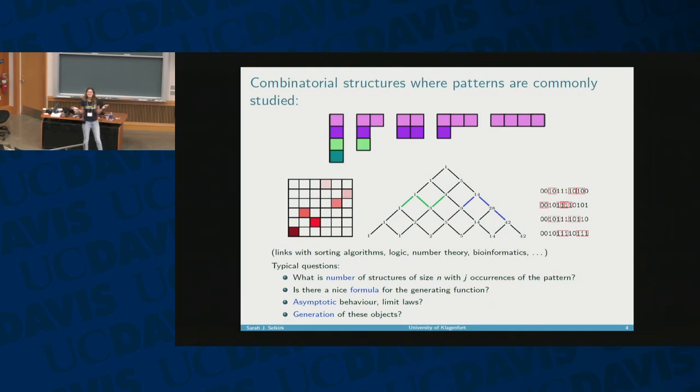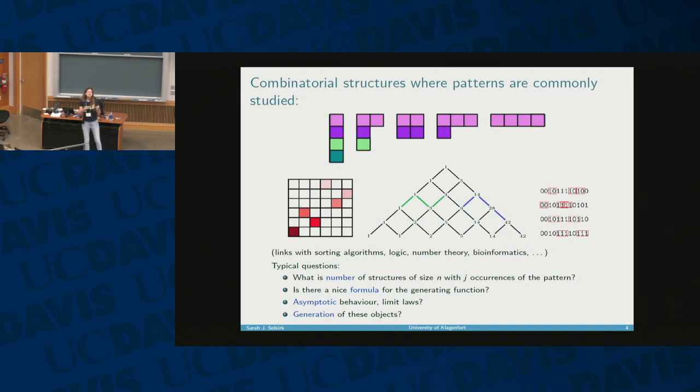something that I don't think I need to necessarily explain to this community is that people like to look at patterns in combinatorial objects. So basically name a combinatorial object, and we could probably find at least one person here who has maybe worked on or knows of a pattern that's been looked at in a combinatorial object. And in fact, lattice paths are no different. So people have looked at patterns in lattice paths for quite some time.